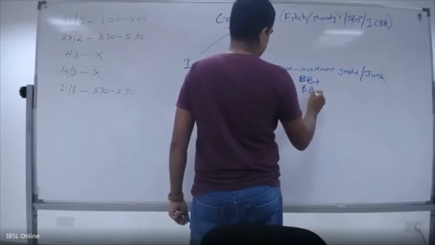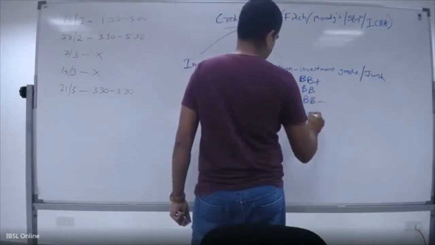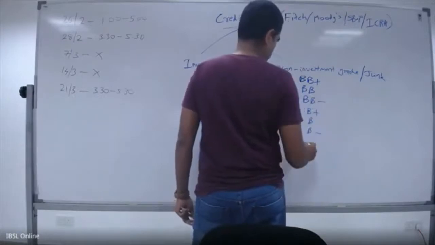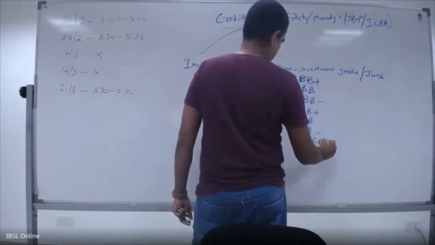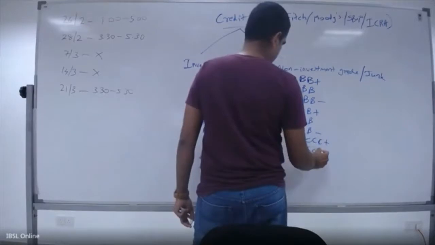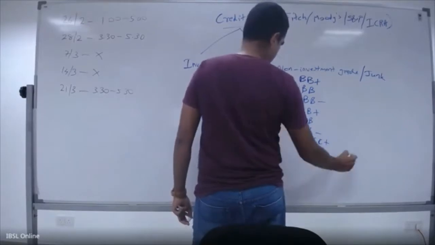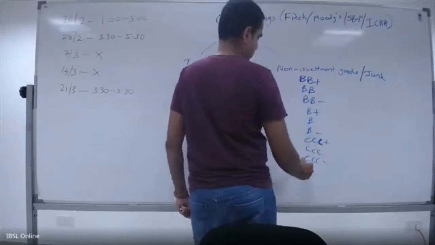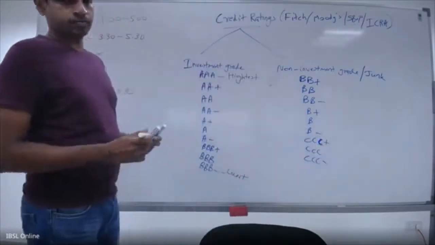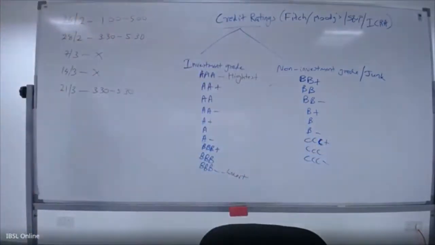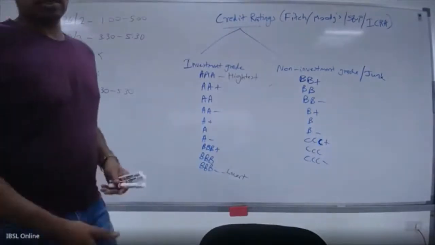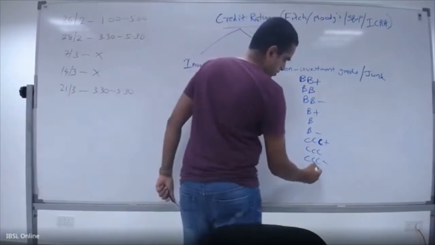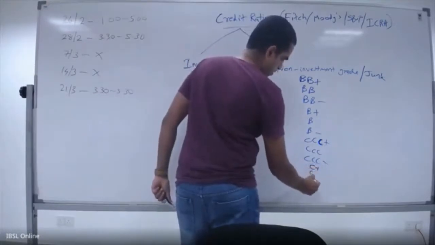Then comes double B minus, B plus, B minus, and triple C plus, triple C minus. So that's how the grades go, and of course, it goes down further, to C plus, C minus.